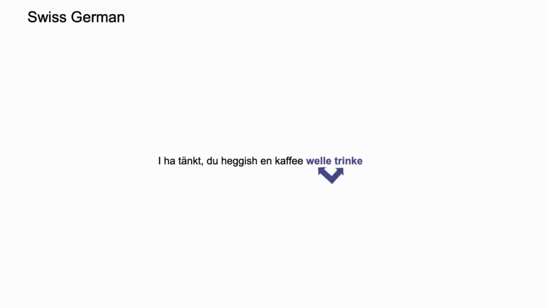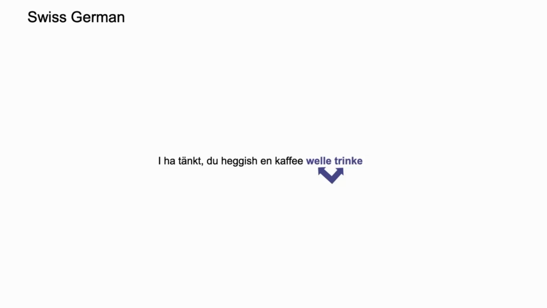You say ich bin gsi, not ich war. And then there are a few words that change order in the sentence. Ich habe gedacht, du hättest einen Kaffee trinken wollen. But in Swiss German, you swap them. Ich ha gmeint, du hättisch en Kaffi wöle trinke. So you have these swaps all over the place in the way you put the words.